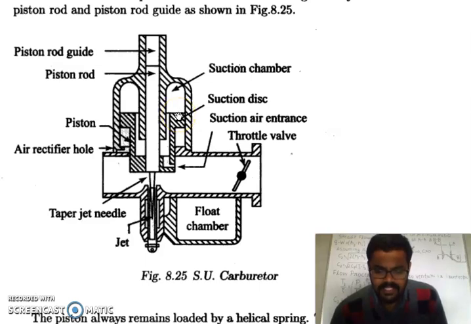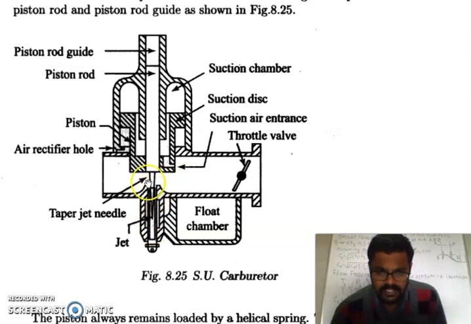Therefore, as the throttle is opened more, air is allowed to pass through the inlet due to upward movement of the piston. The upward movement of the taper needle also ensures more flow of fuel. So you can see this needle is tapered. So when this piston moves up, the area between this needle and this tube will increase and a greater amount of fuel is supplied.